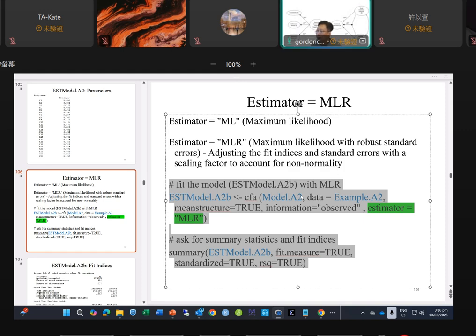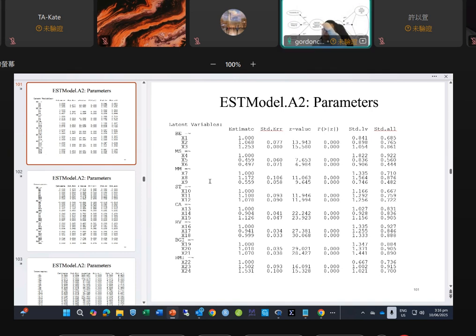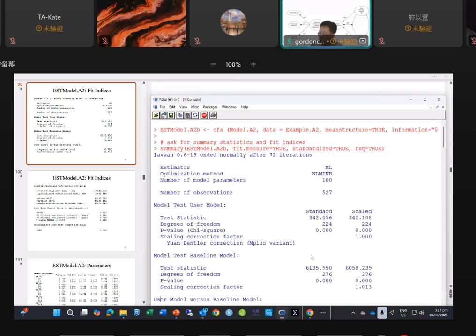Now, what I want to show you, it is easier for you to compare. What I'm showing on the screen are the estimates from ML, maximum likelihood. What you have just done is MLR. If you look at the chi-square, do you notice that we have the same degrees of freedom, but the chi-square is a little bit different? If you look at your results, you will notice that there are two columns.